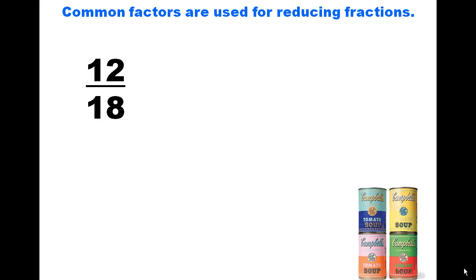Big deal, right? Well, it is kind of a big deal because you use common factors for reducing fractions. A lot of times I'll see people reduce fractions in several steps. If they're both even numbers, they'll go, oh, it can be divided by 2. And then they might realize that they can go further by dividing by 3.